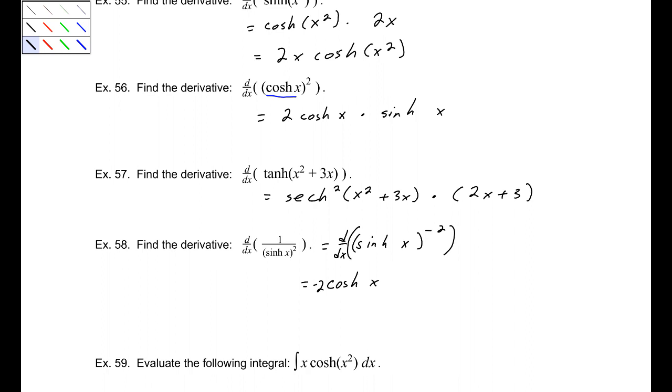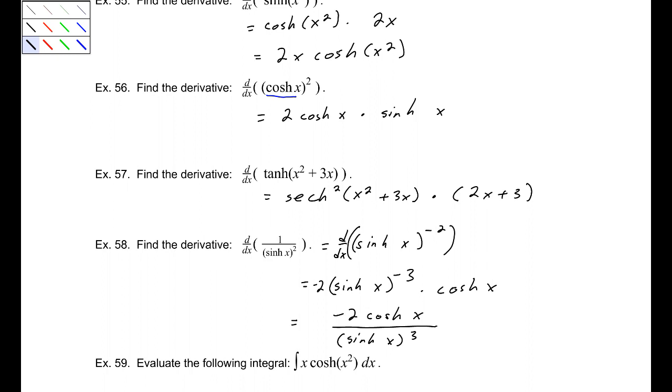I got a little ahead of myself. We need to keep our inside function. So negative 2 hyperbolic sine to the negative 3 times the derivative, hyperbolic cosine. So this will end up being negative 2 hyperbolic cosine over hyperbolic sine cubed.